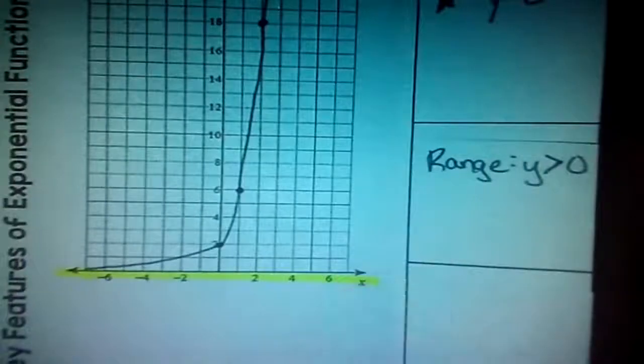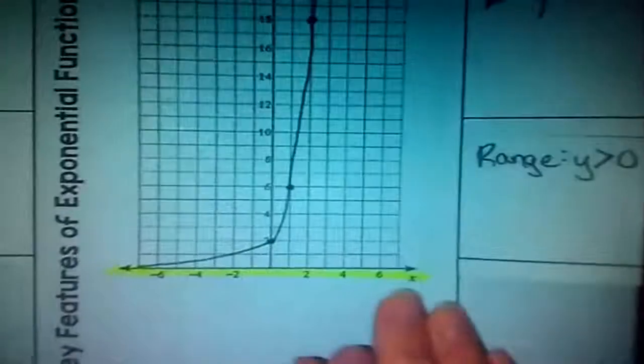Can anybody figure out what my growth factor is? Remember, it has to be multiplied. Multiplied by what? By 3. It's going 2 to 6 to 18. 2 times 3 is 6. 6 times 3 is 18. So my growth factor is 3.